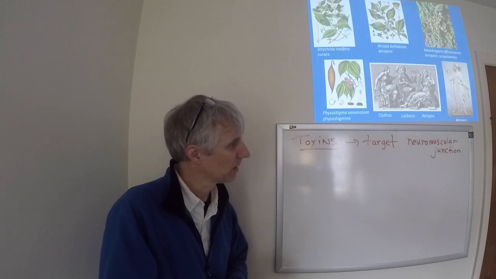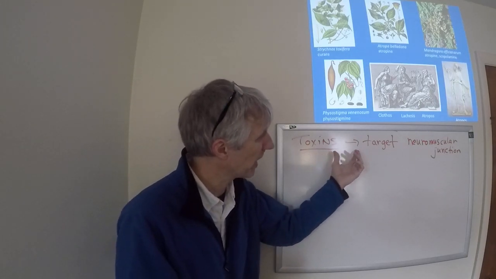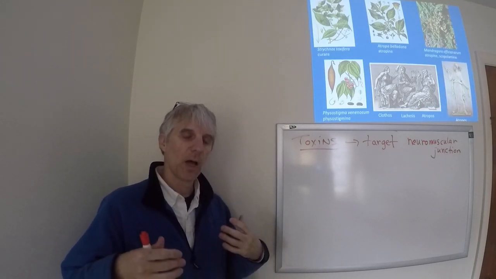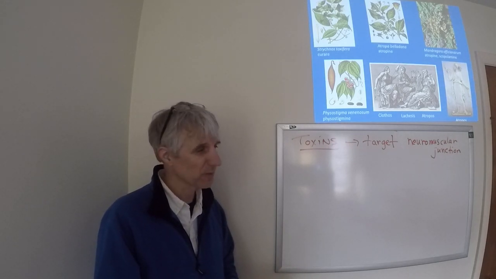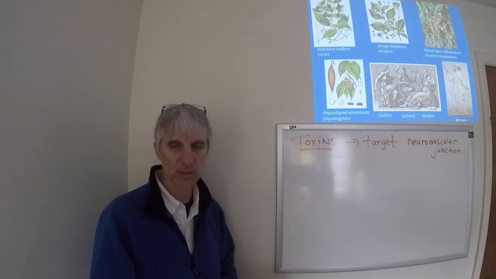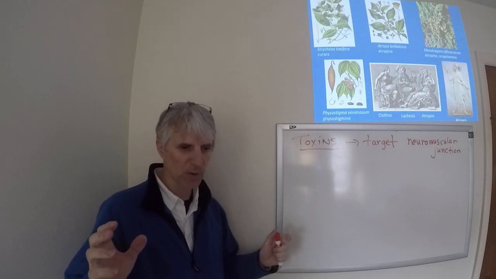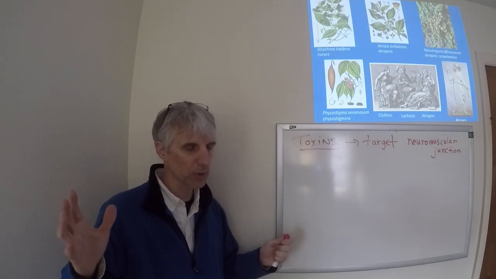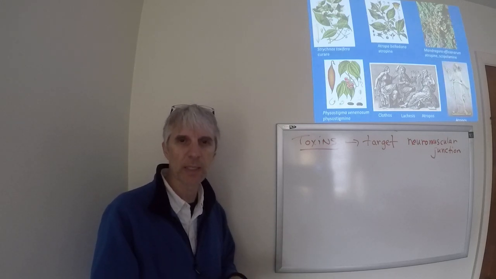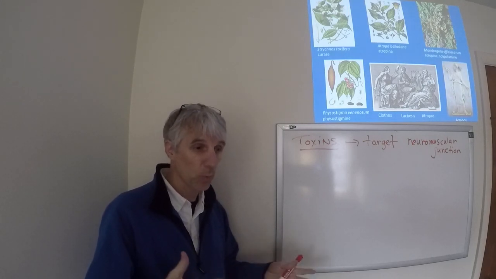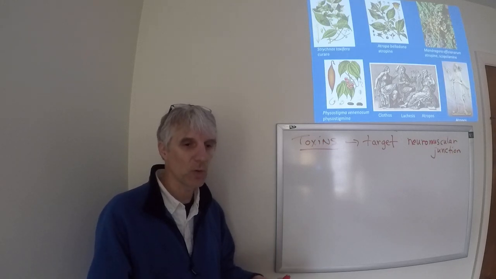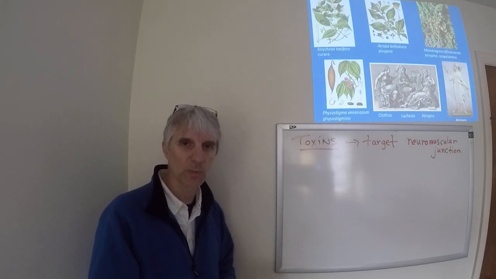Okay? Many animals make these toxins. Plants make tremendous numbers of toxins. Many of these are neuromuscular junction inhibitors. Your typical plant, you go outside, look at an oak tree, figure about 350 unique toxins. And that's why there are only a few plants that we actually consume as humans.